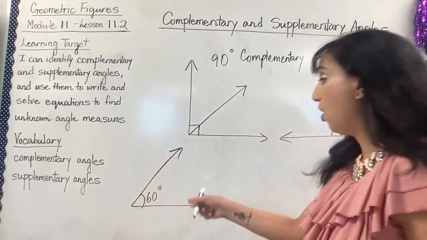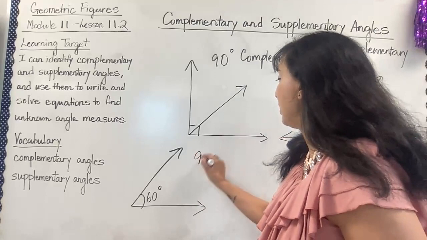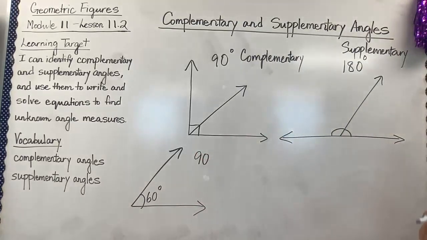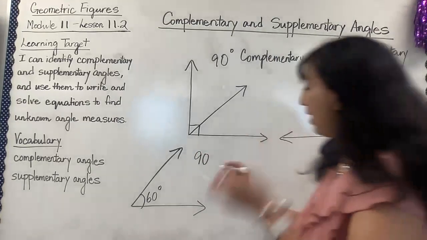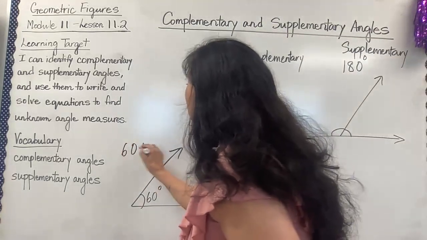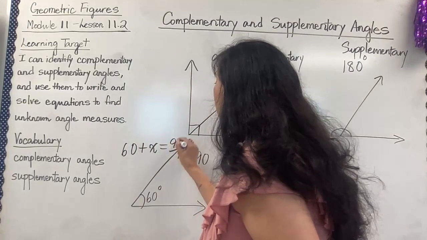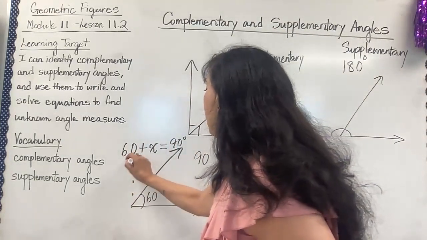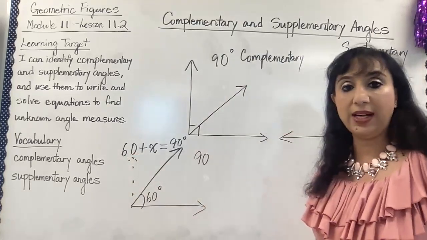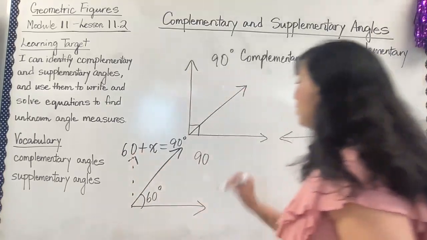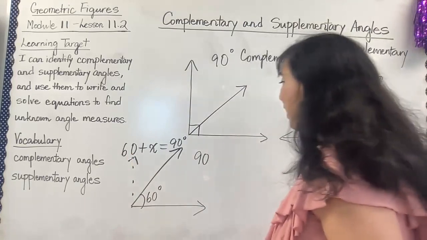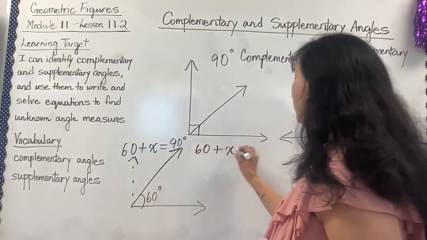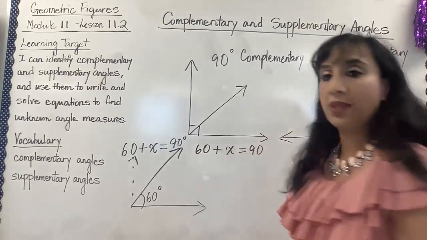So all I'm going to do is, 90 degrees is complementary angles, so I would just write 90 over here. It's because I know that 60 plus the x will give me 90 degrees, right? So this is going to be the complementary angle. All right. So if I have 60 plus x is equal to 90 degrees, I am then going to go ahead and just solve that.